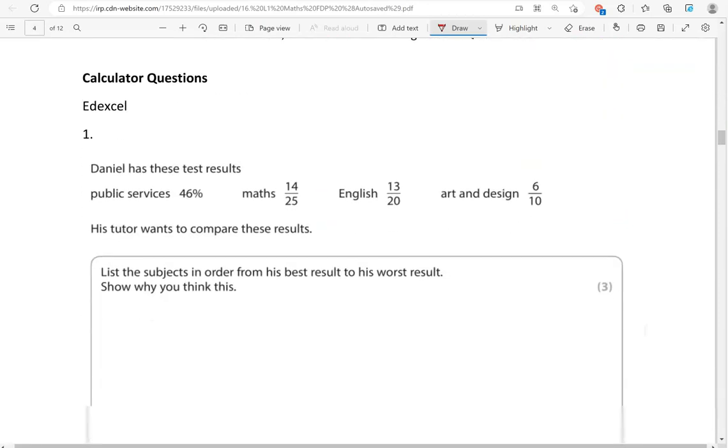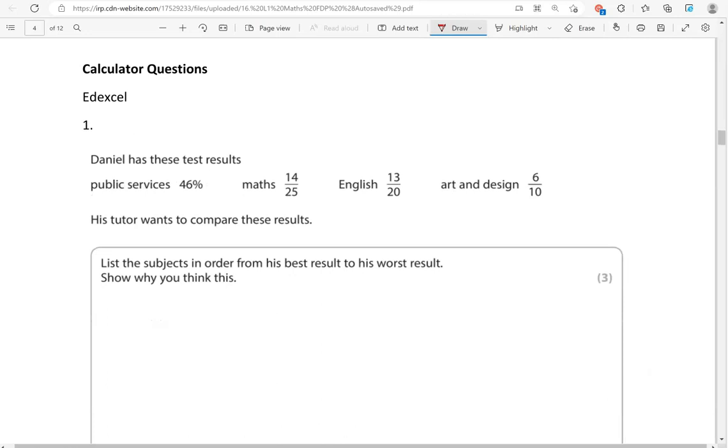Now we move into the calculator questions. Daniel has these test results. Public services, 46%. Maths, 14/25. English, 13/20. Art and design, 6/10. His tutor wants to compare these results. List the subjects in order from his best result to his worst result.